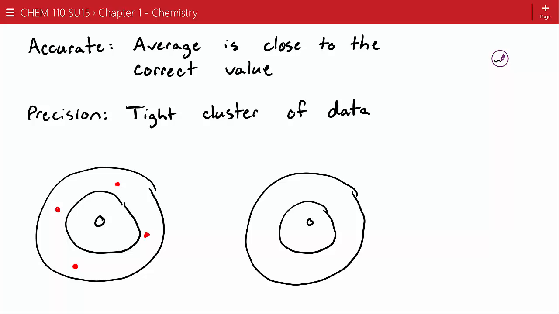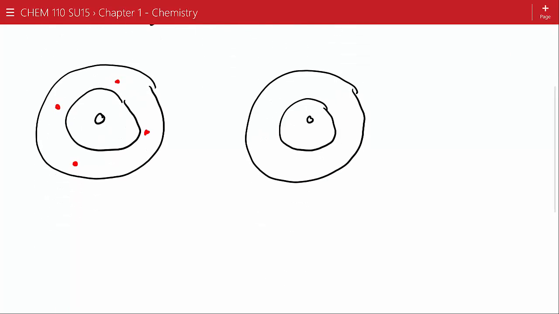So the average is actually fairly close to the center. If we were to average all 4 of these points, it would kind of bounce out to be close to the bullseye. But it's not very precise. It's not a tight cluster of data around the bullseye. So what we'd say is that this is accurate, but not precise.